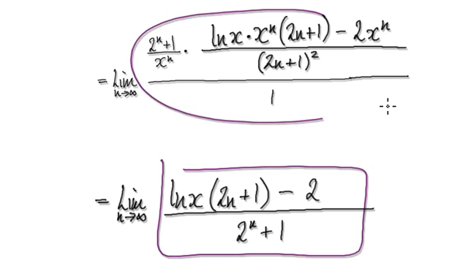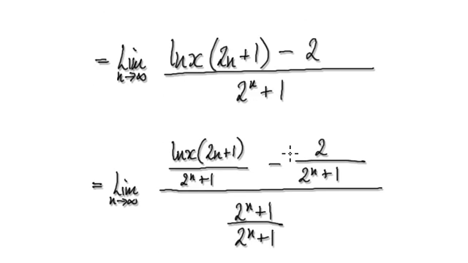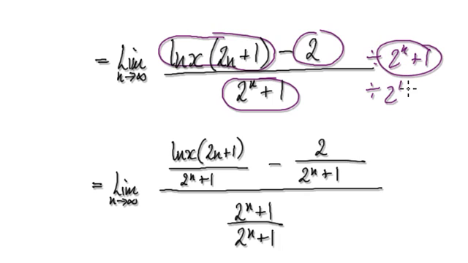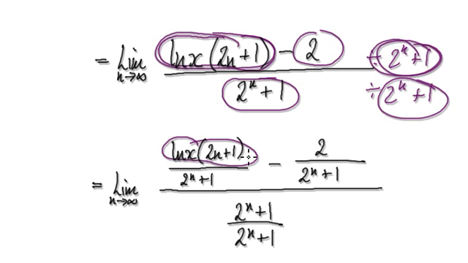Okay, so if you tidy this up, it will then give you this thing here. From here, you've got one thing, take away another thing, divided by another thing, so divide top and bottom by this thing here. This will become this, and then you divide it by this.